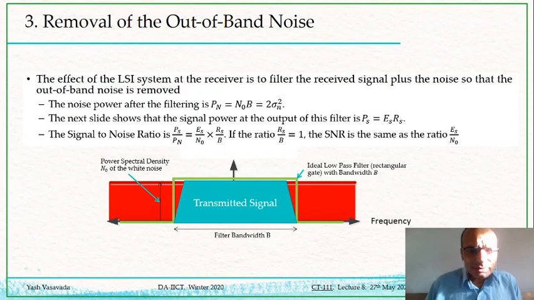And a very simple model is to say that if this power spectral density is N naught and the width of this filter is B, capital B, then the noise power is just the area under the main lobe of the filter, the low pass filter, which is just the height times the width, N naught times B. And convention is that this N naught times B is taken as 2 times the variance of the noise.